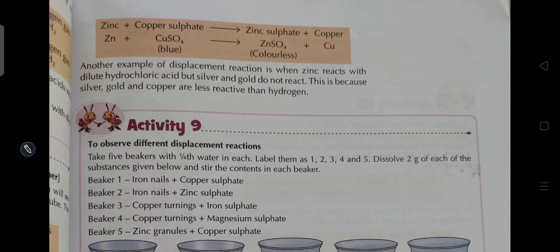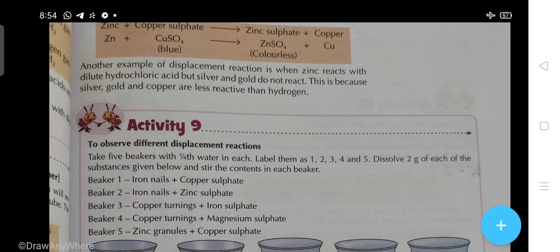Here zinc reacts with copper sulfate, and zinc is more reactive, so it displaces the copper, giving zinc sulfate.